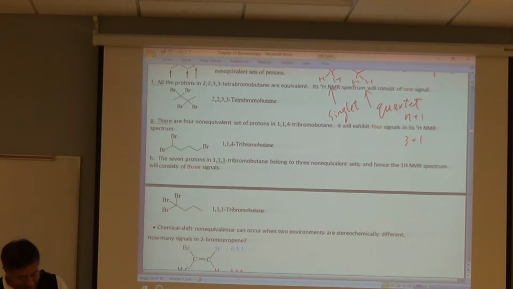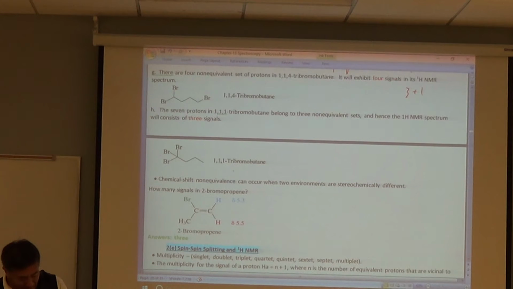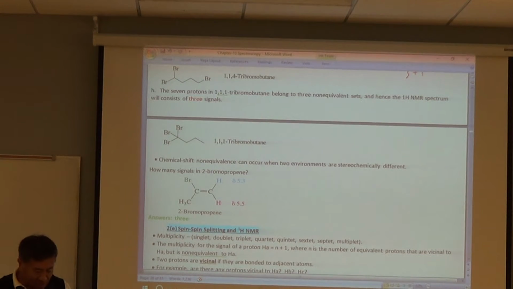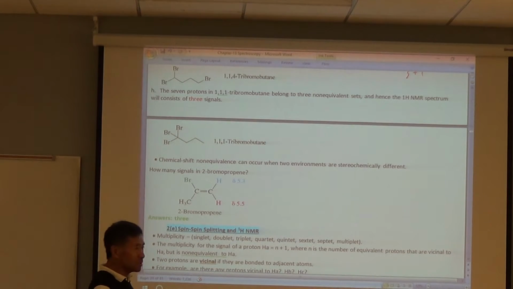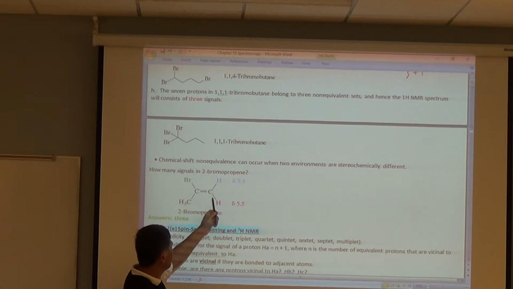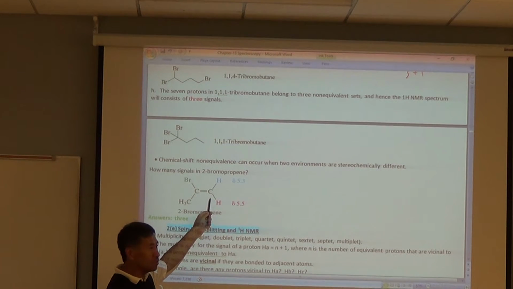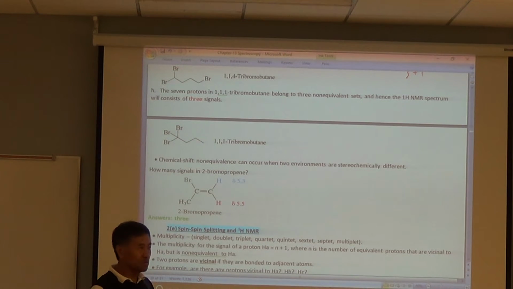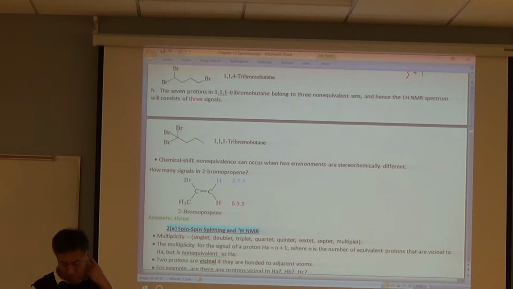Right. And this kind of splitting, we usually talk about splitting across 3 chemical bonds, or you can also say this kind of difference has only 2 chemical bonds, and that kind of splitting is usually very weak. Can you go up for a second?